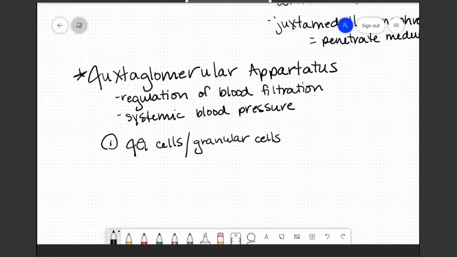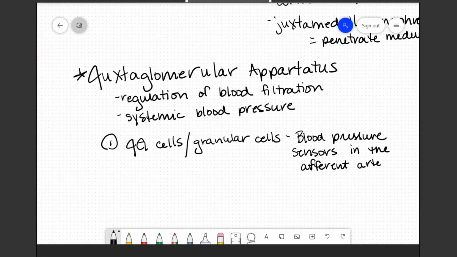These are going to be blood pressure sensors. And they are going to be found in the afferent arteriole. So a blood pressure sensor in the afferent arteriole.